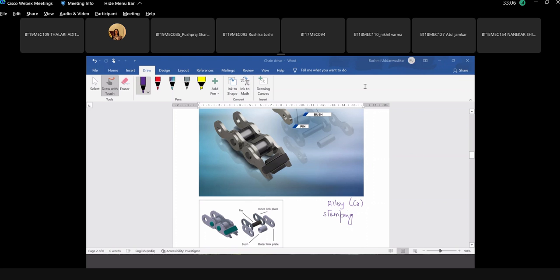Vaishnavi, you studied this in manufacturing process? Vedant? Vedant Mahure, are you there? It's a pressing operation wherein the material is pressed between two dies to get the required shape. That is stamping. You are correct.